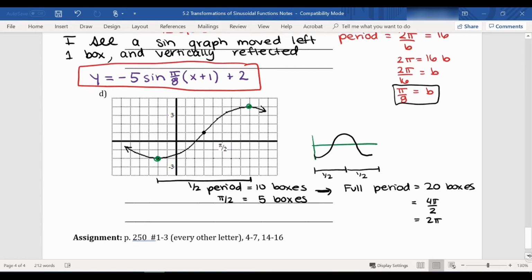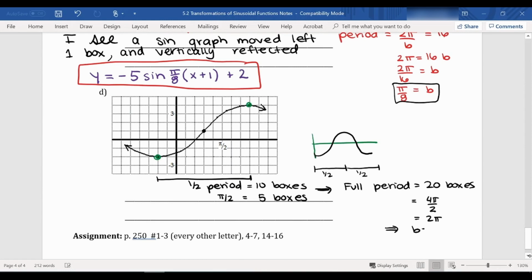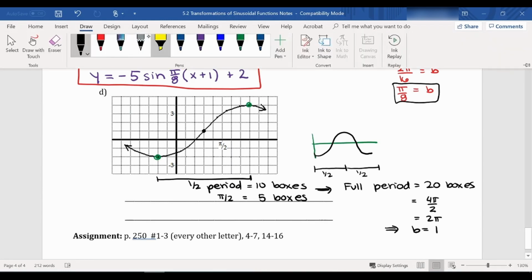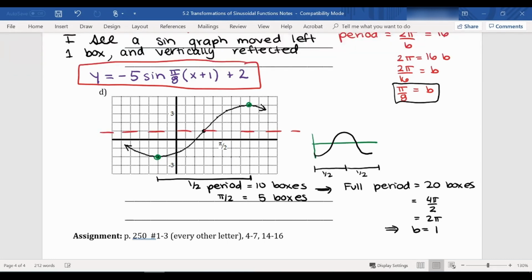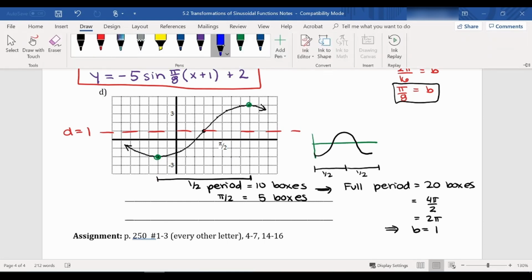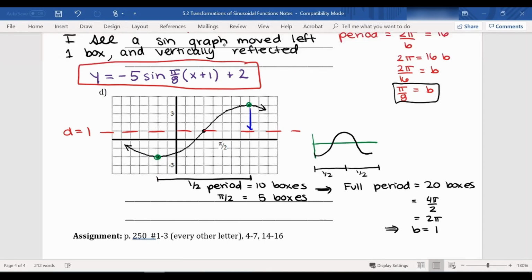So if I know my period is 2 pi, I know that b is 1, which is kind of nice. I can also see my midline here is at 1. And I can see my amplitude is 3.